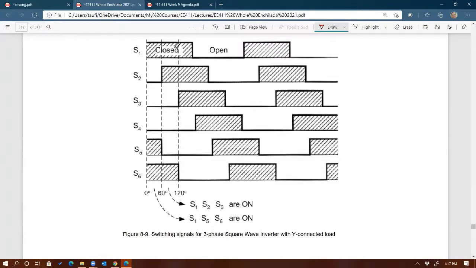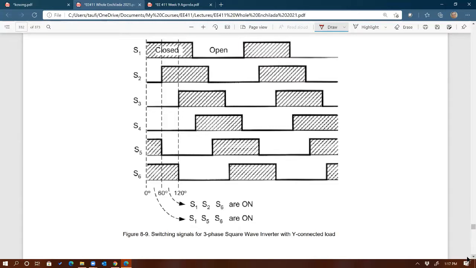And then we have combination of S1, S2, S6 for 60 degrees as well. The first one is S1, S5, S6 for 60 degrees. The second one is 1, 2, and 6. The third one is 1, 2, and 3, right?